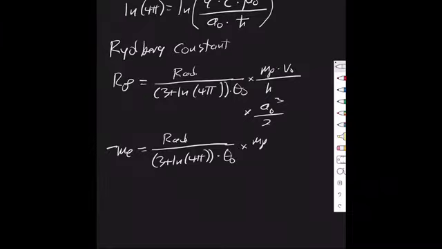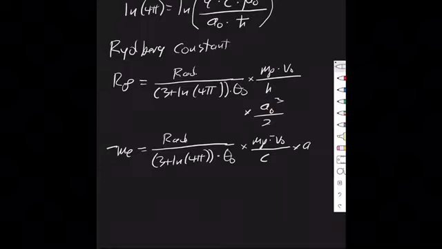Here's your mass of the proton times velocity of the electron. I use a minus here because the other side is minus. It just means it's going the other way. But the fine structure constant by itself is right there, and c is the speed of light. But you can see how similar the two are.